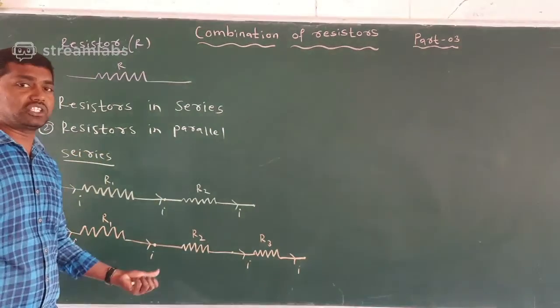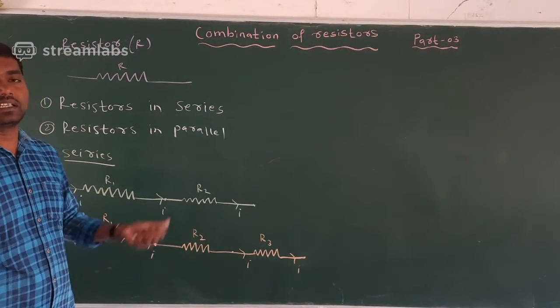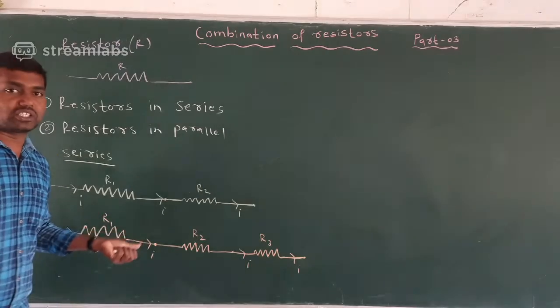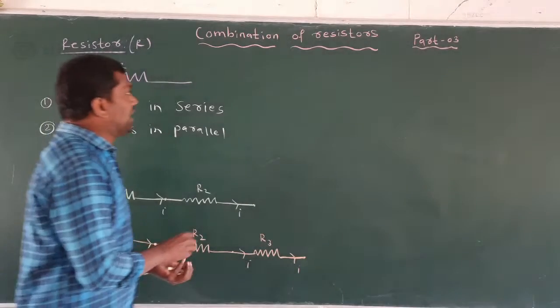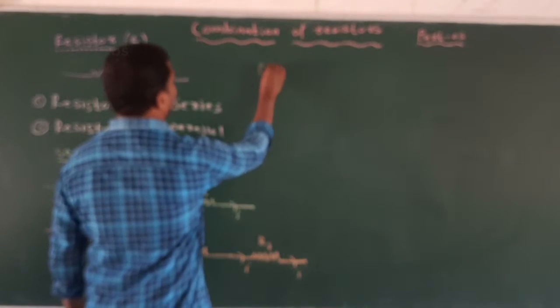We can consider the potential difference and electric current at the R1, R2 and R3 resistors. Next, we will go for the parallel combination of resistors.